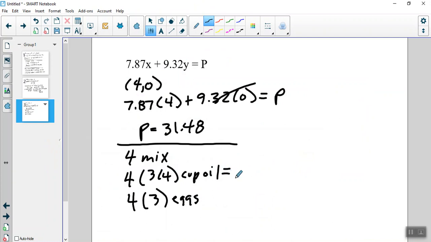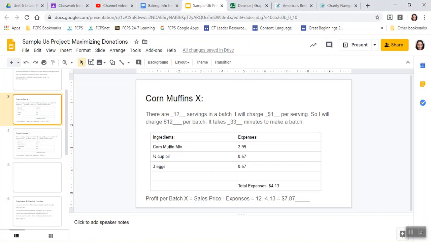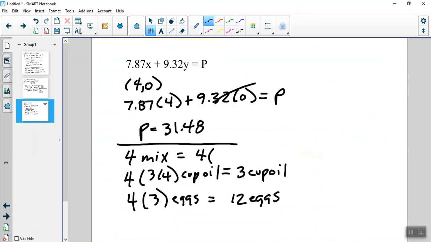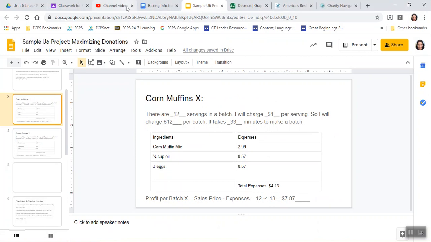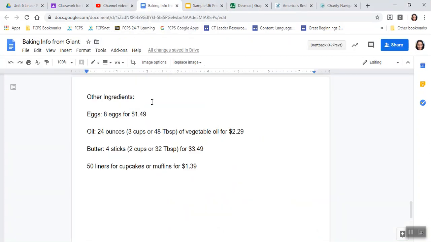So 4 times 3/4, that's 3 cups of oil, 12 eggs, and 4 mixes. So 4 times the price of one mix is $2.99. Three cups of oil, if we go back to the baking info, 3 cups of oil is $2.29.